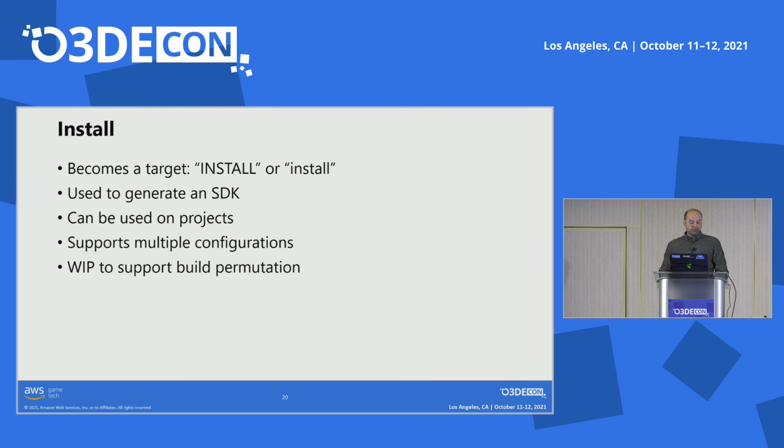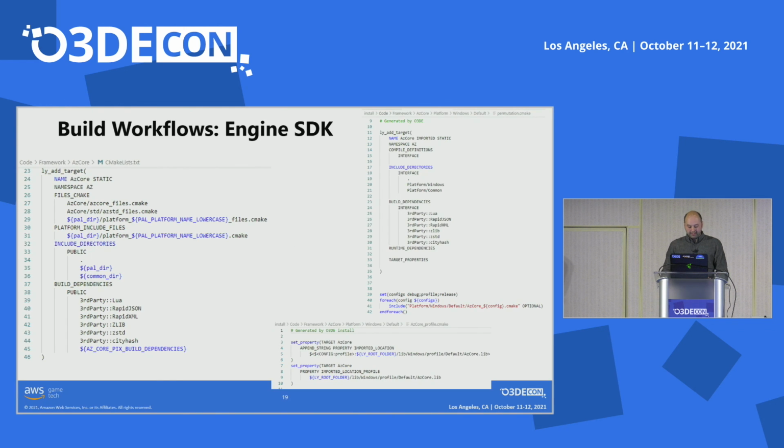We also have work in progress to support build permutations. That is to be able to have an SDK that is half non-monolithic and also supports monolithic builds. So we will be able to enable that soon. We already have some of that functionality in.